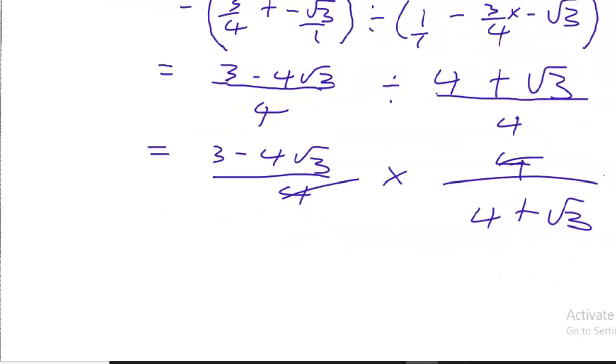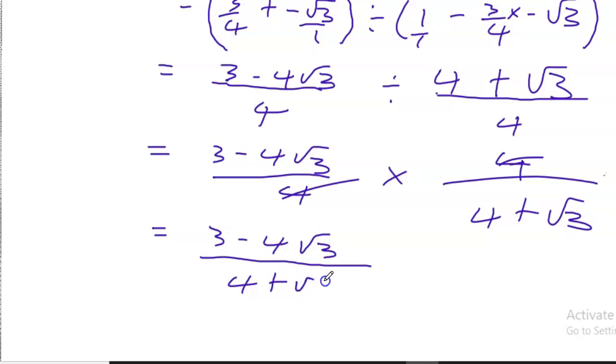So we end up with just 3 minus 4 root 3 upon 4 plus root 3. But of course, to rationalize, we can multiply by the conjugate of the denominator. The conjugate of 4 plus root 3 is 4 minus root 3.